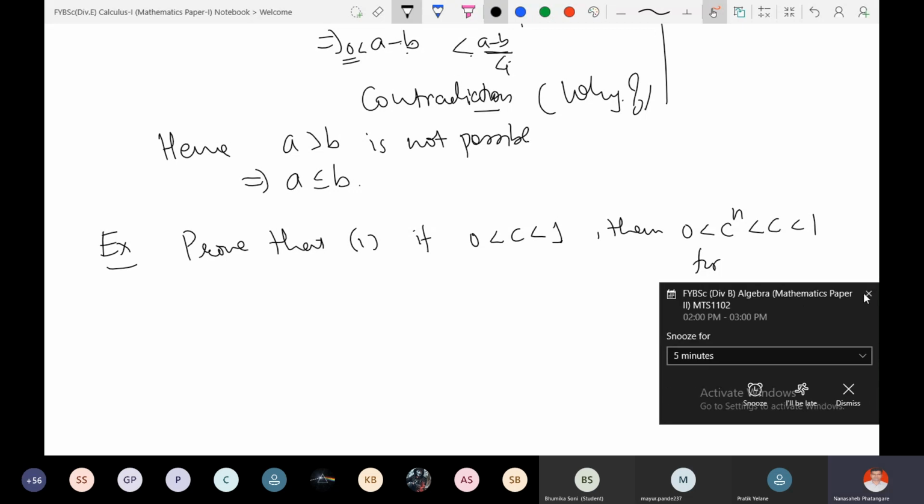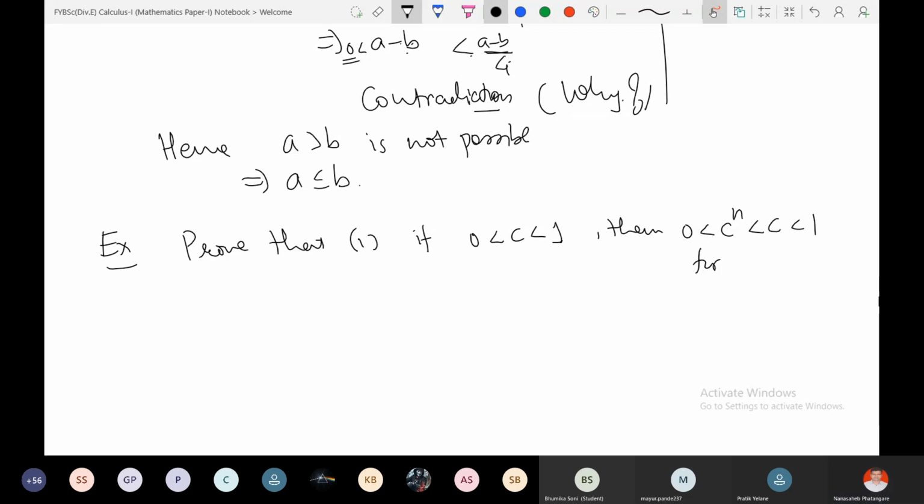For natural number n, you choose any number n. This is true. So if c greater than 1, then 1 less than c to the power n for n belonging to N.